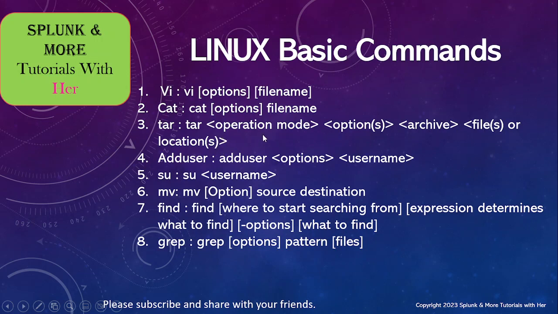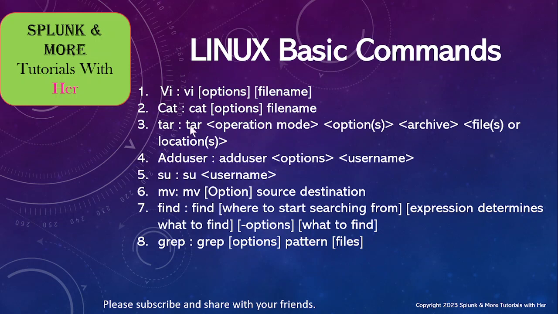So operation mode indicates which operation executes on the files, like creation, extraction, etc. And the command allows and requires only one operation. So whenever you are using the tar command, either you can extract from it or archive it. Means either you can tar it or you can untar it.